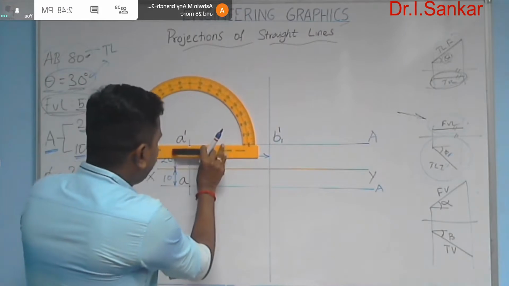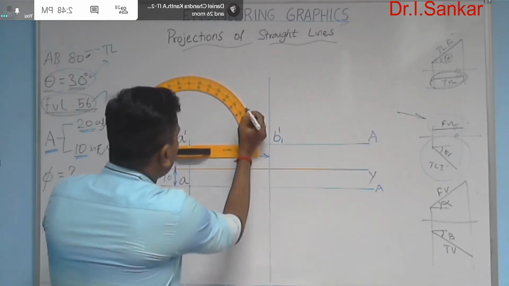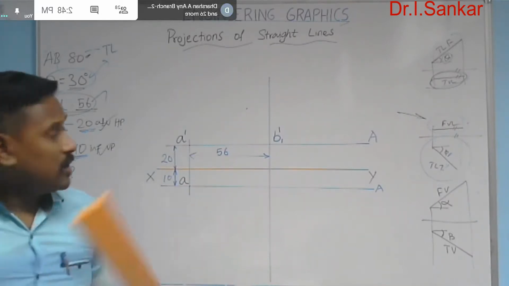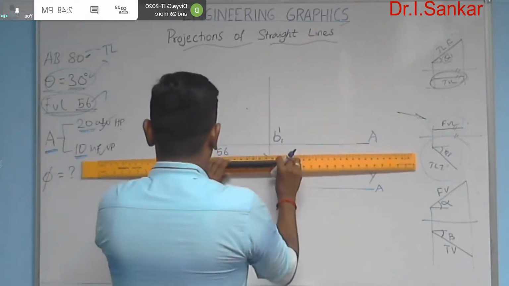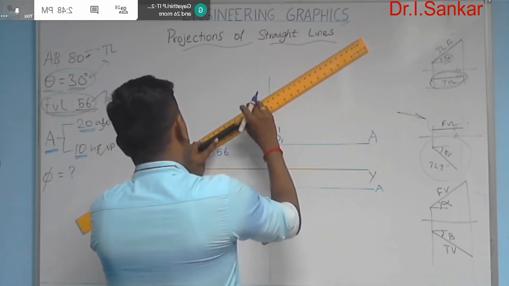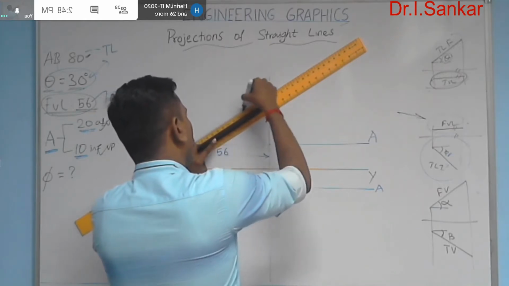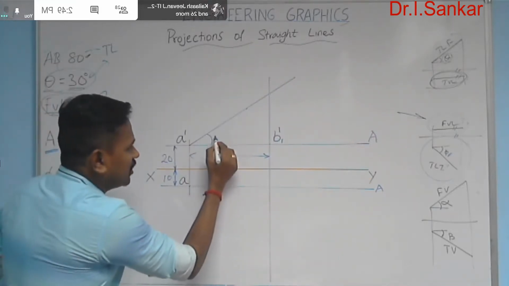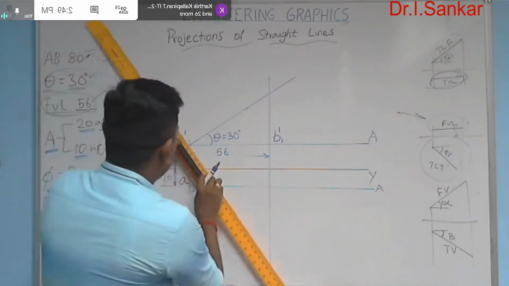Measure 30 degree. This angle of inclination is 30 degree, theta.